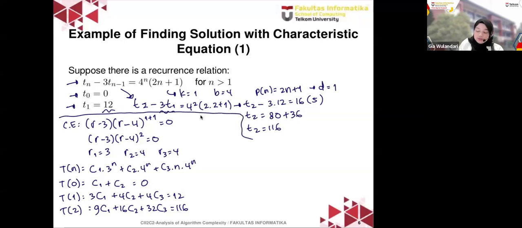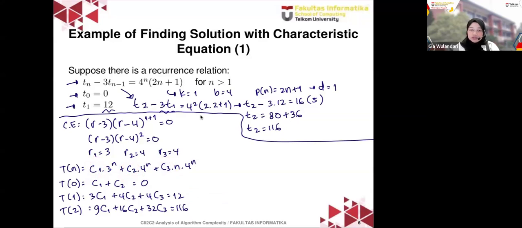Okay, so we check first how many constants we need to find the value. And if there are 3, then we will need to have 3 equations for the elimination and substitution. Okay, then from this, you can solve with whatever method you like.